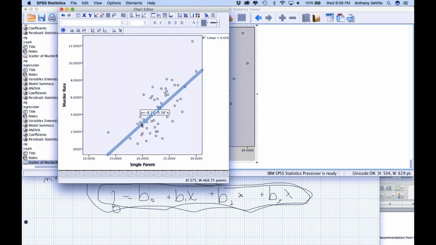But on the other hand, the rate of single parent homes, a small change in the percentage of single family homes makes a big change in the murder rate. So this is not so easy a situation to address from a public health standpoint, because we really can't control the percentage of single parent homes too much, right?